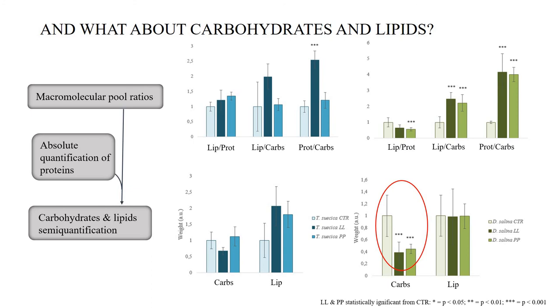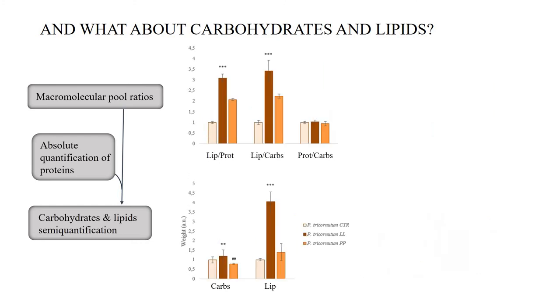expressed in arbitrary units. Under low light and photoperiod, Dunaliella salina accumulated less carbohydrates than in control. In Tetraselmis suecica, a similar decrease was observed only under low light, implying that more proteins were produced at the expense of carbohydrates and a slower growth.